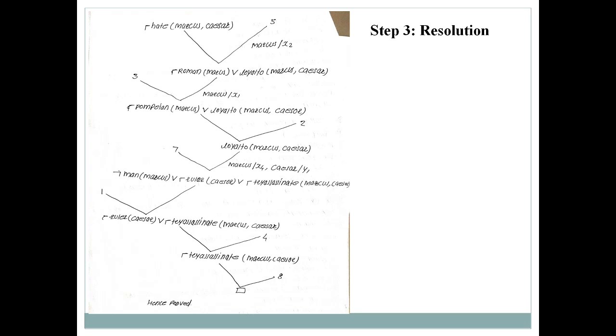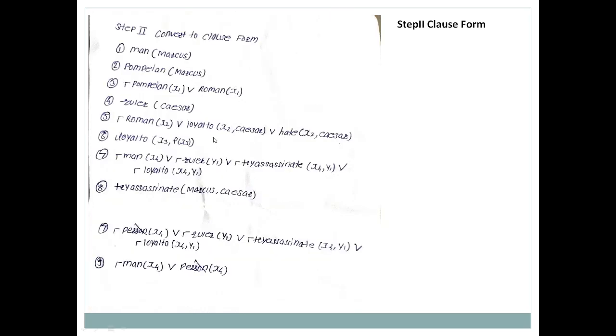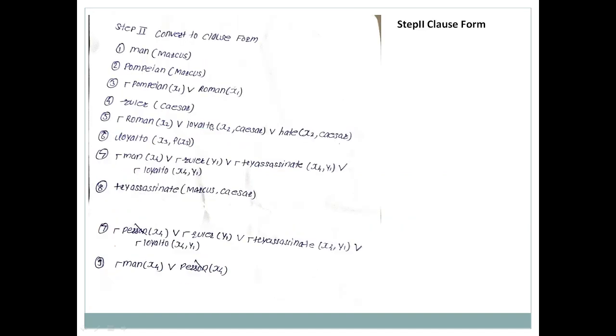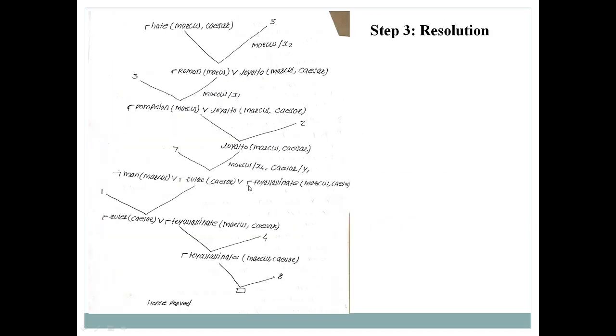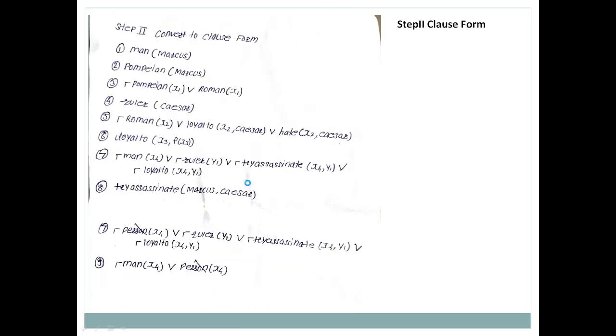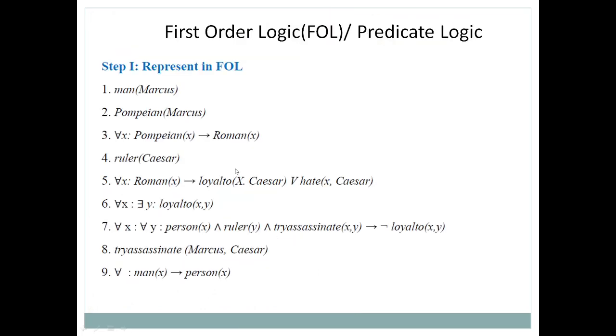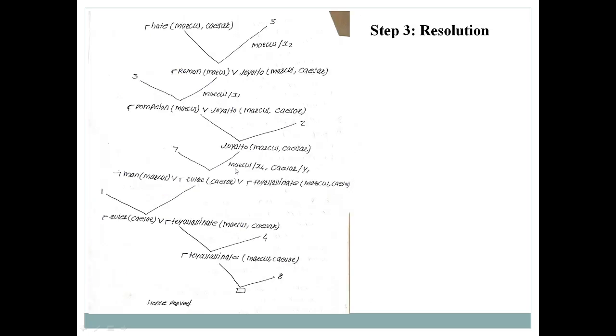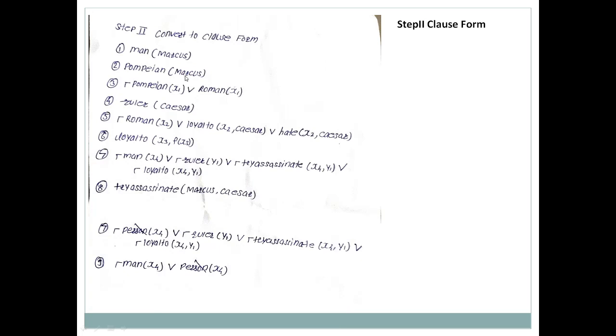And in resolution we make use of only the clause form, not predicate logic. This is again important. Most of the time I found that students make use of predicate logic directly in the resolution, and then the numerical goes wrong. So in the resolution we refer to all the statements in clause form only. We are not going to refer to step 1, but to step 2.